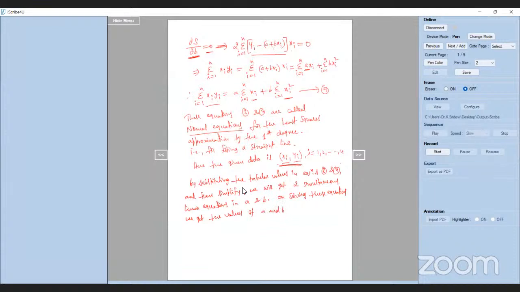So now substitute these values of A and B in the equation or polynomial y is equal to f of x is equal to ax plus b.